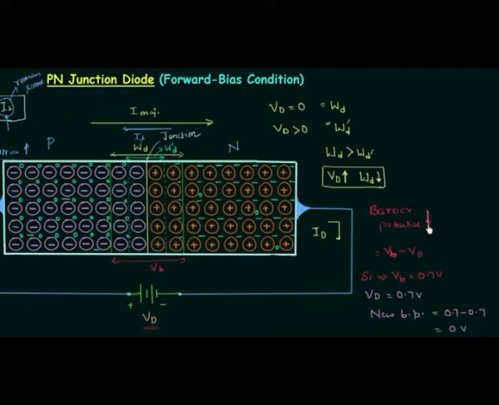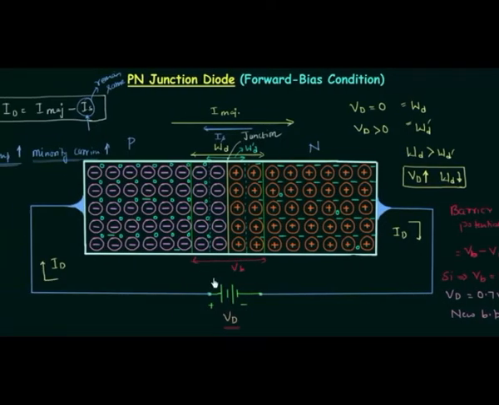So the barrier potential is decreasing with increase in the forward bias voltage, and an electron on n side now sees a reduced barrier at the junction and a strong attraction for the positive potential applied to the p side. As the magnitude of the applied voltage increases, the width of depletion layer continues to decrease until a flood of electrons can pass through the junction, and because of this there is an exponential rise in diode current ID.